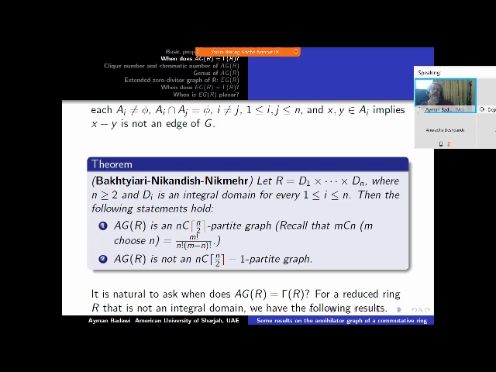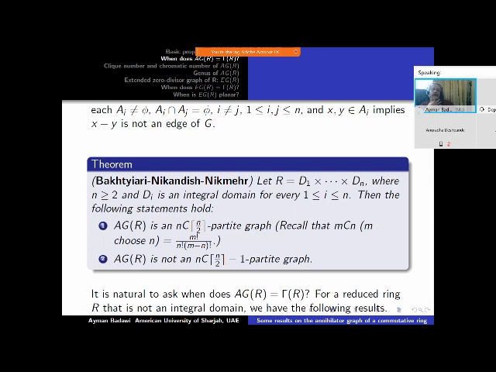This is kind of interesting. This n is the same as how many integral domains you are taking, because look, R is D1 times D2 times, keep going till you reach Dn, where n is bigger than or equal to 2.